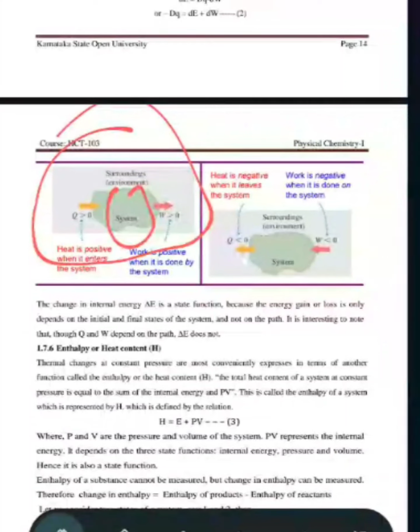Q is the quantity of heat. Q is greater than 0, and heat is positive when it enters the system. Q is nothing but the quantity of heat, W is the work done, and delta E is the internal energy.